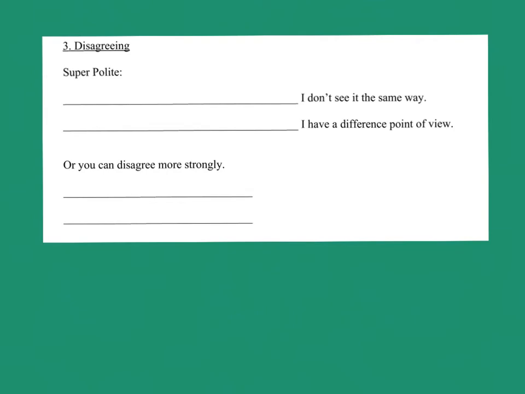Next, let's look at disagreeing. It's harder to disagree, but it is totally possible to disagree and still be polite. So you can be super polite by saying something like this. I see what you mean, but I don't see it the same way.